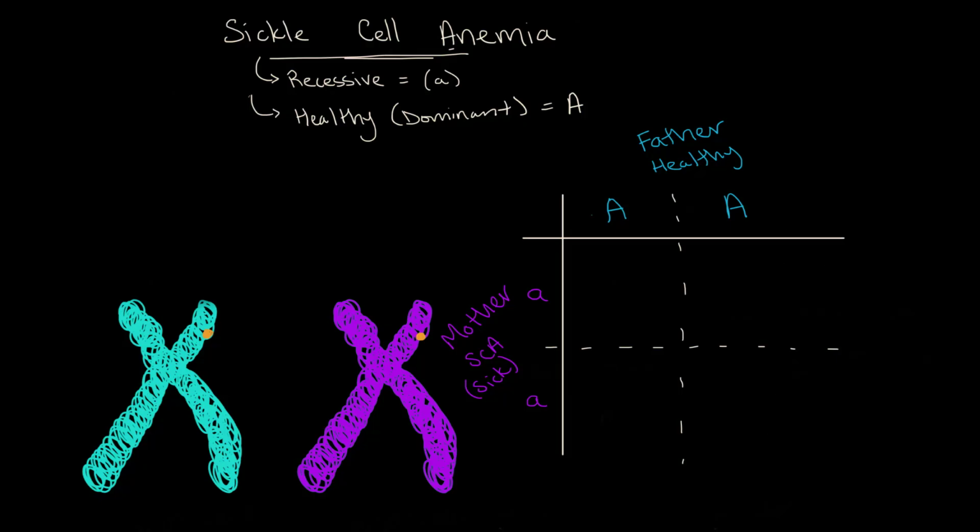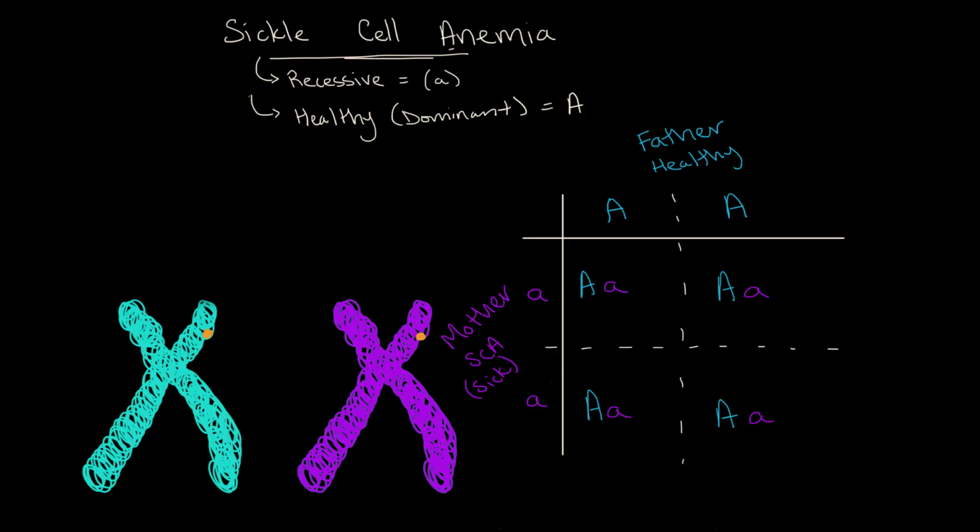The father is always going to give a big A because he only has these healthy A genes. So we're going to give 2 big A's. The mother only has the disease gene, so she'll be giving the baby small a's.